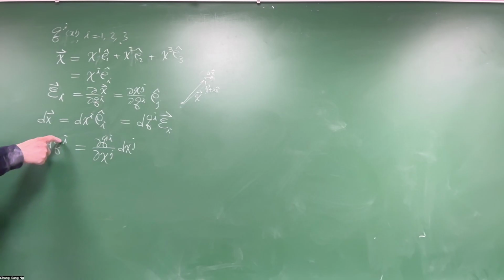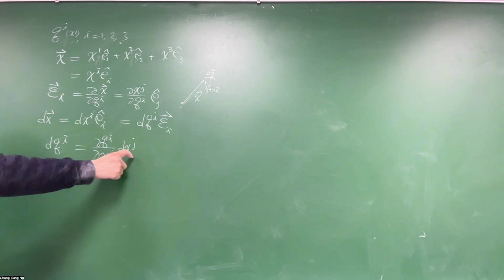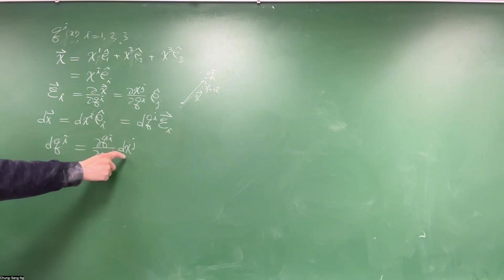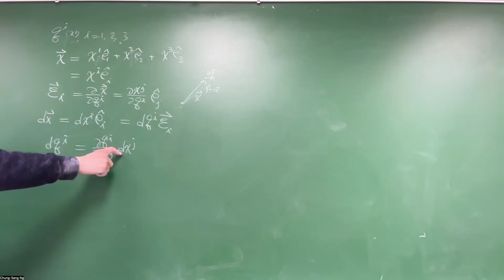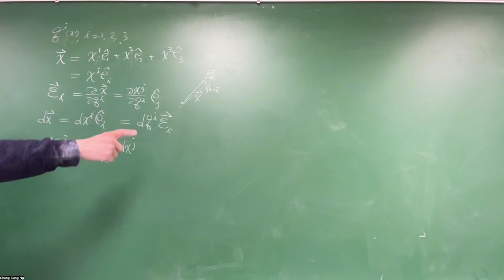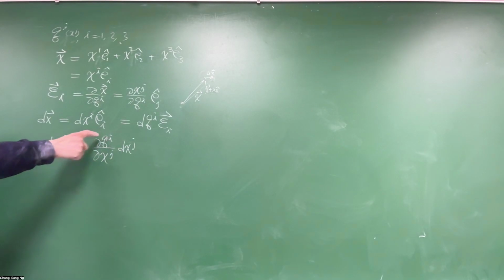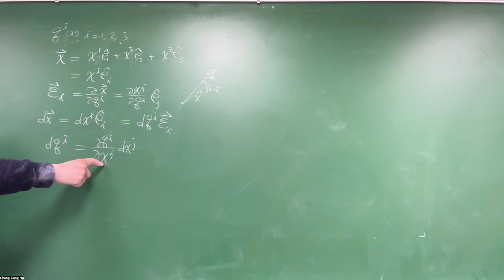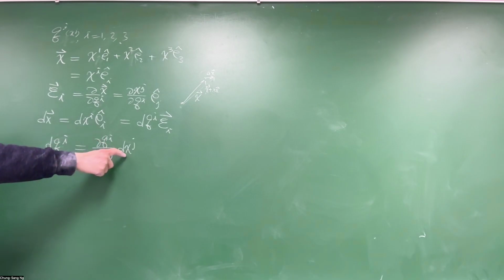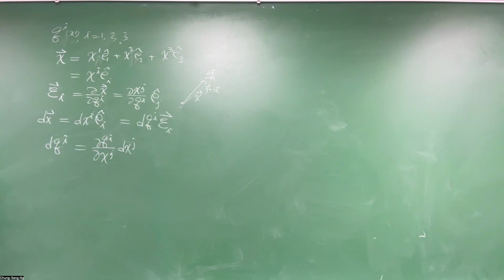The differential of this function, assuming it depends on x1, x2, x3, is that you take the derivative of your quantity with respect to each x, multiply by the differential dx1, dx2, dx3, and sum over them. That's the usual way of doing calculus, doing derivatives.